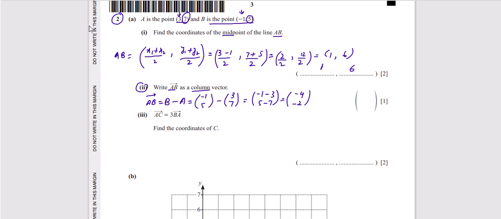The required column vector is -4 and -2.